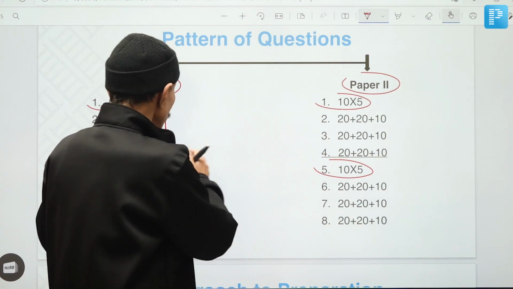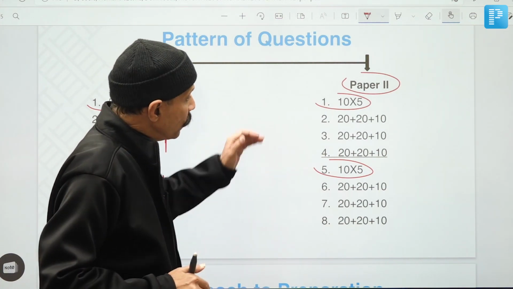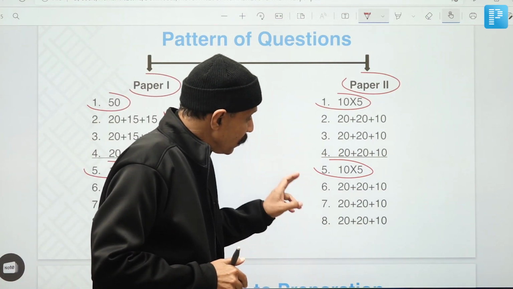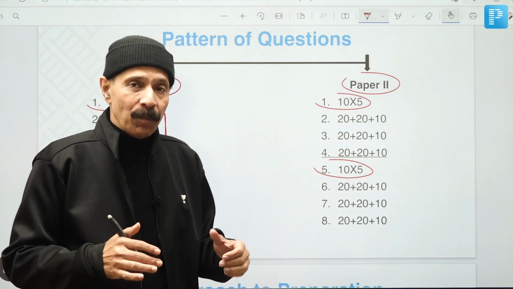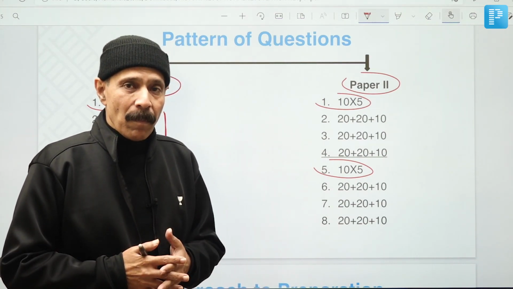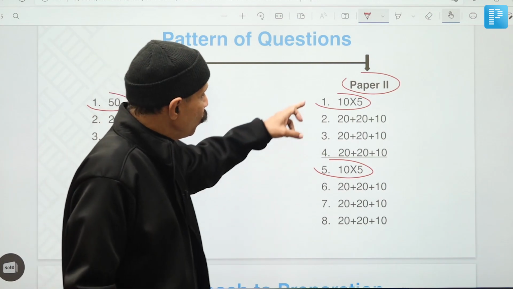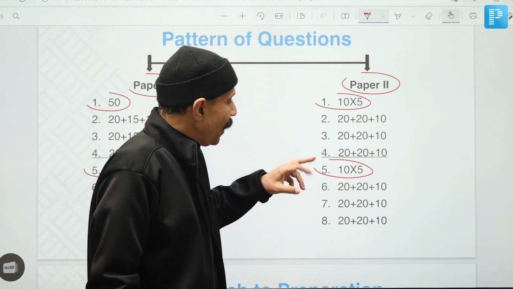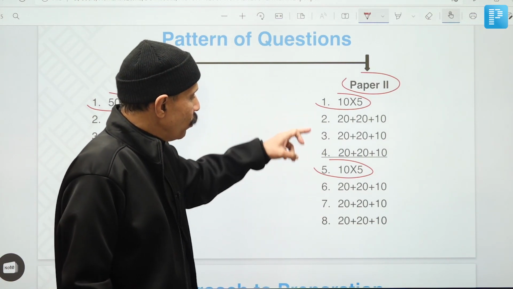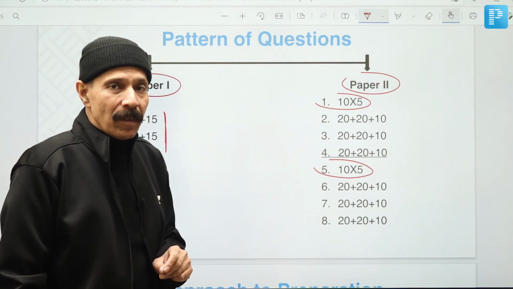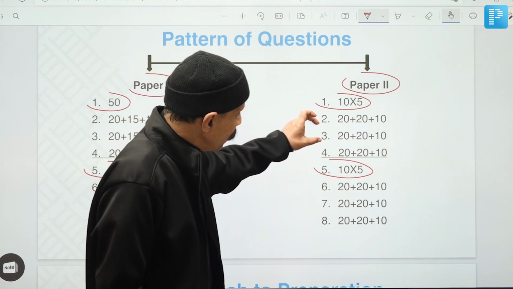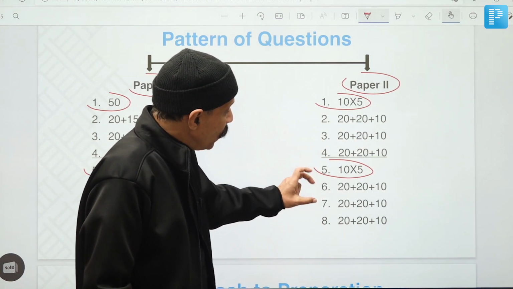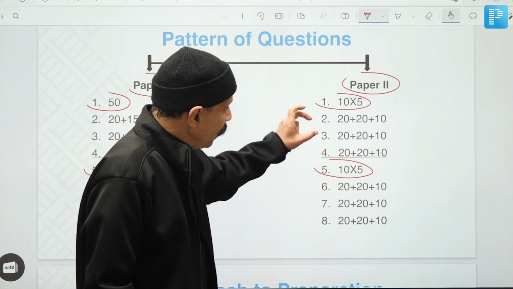And as in the first paper, in the second paper also, you find the total number of questions is 8, and you are supposed to write 5. And among 5, 2 are compulsory. So you have to choose a maximum of 2 from one section apart from 1 and 5. This means either 2 from this section and 1 from this, or 2 from this section and 1 from this.